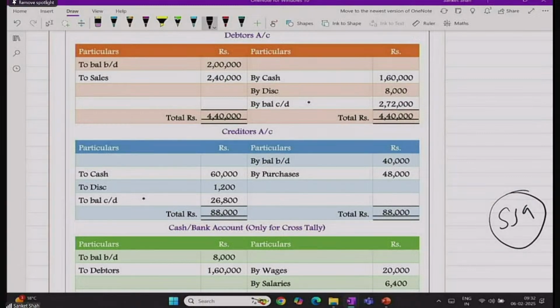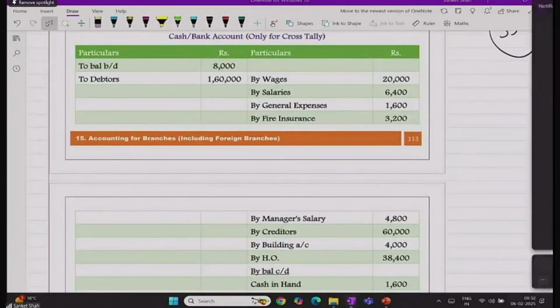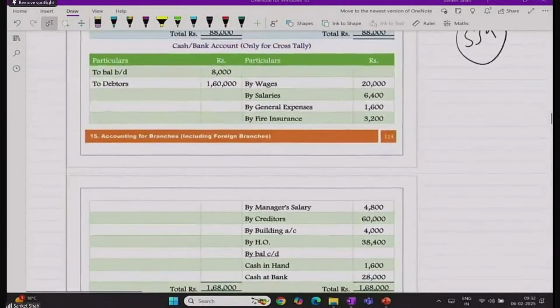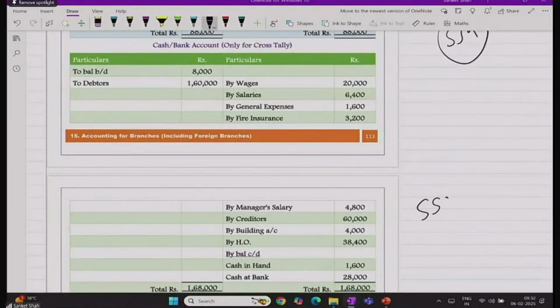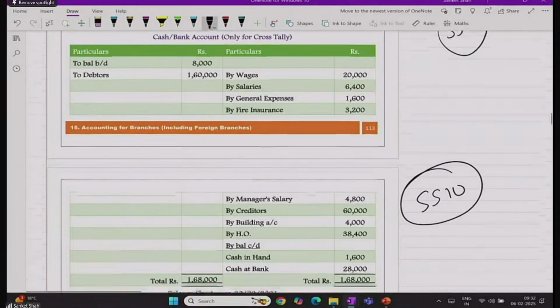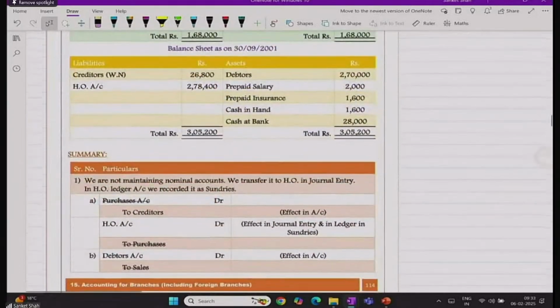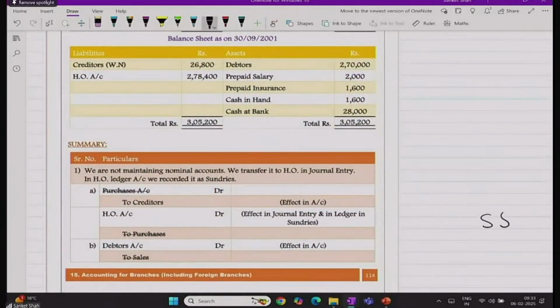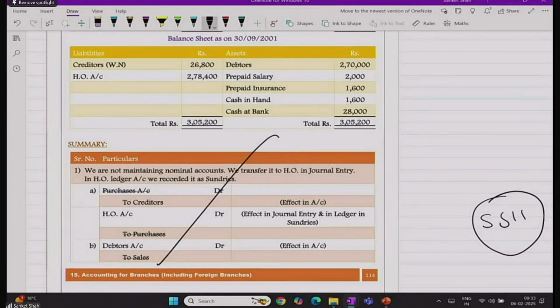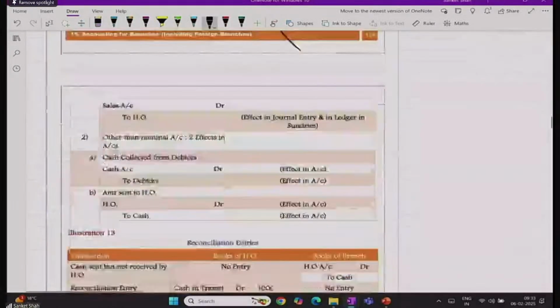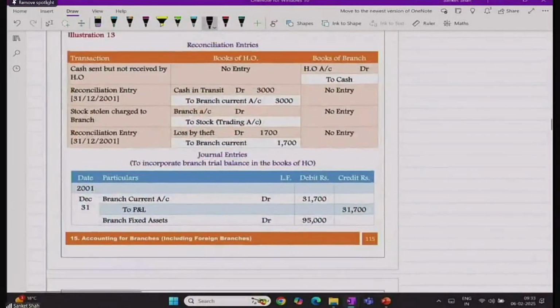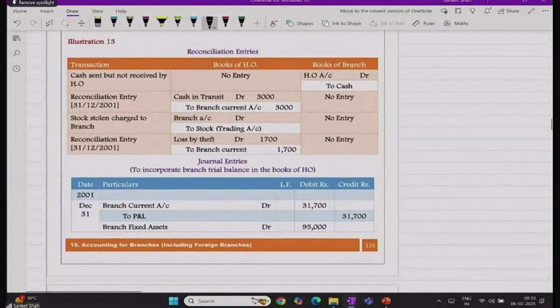Done, sir. 10. Done, sir. 11. Done, sir. Summary, don't write it. Okay, sir. And if you want, you can pass this entry also. Number 12 is also easy.